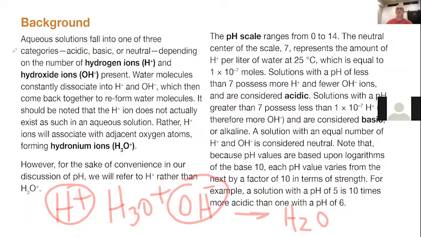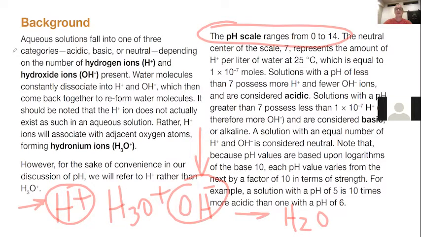So what we're going to start with is an unknown concentration of protons, of H plus. And then we're going to add a known quantity of OH minus and follow that reaction by seeing how the pH changes. So we know that the pH scale ranges from 0 to 14, 0 meaning it's completely acidic, 14 meaning it's completely basic.